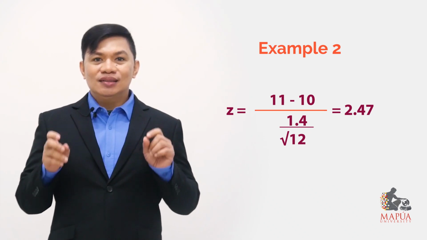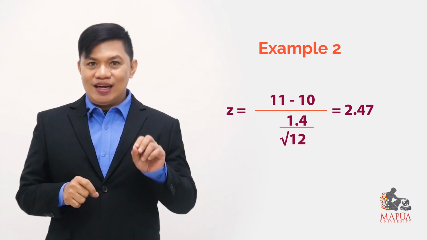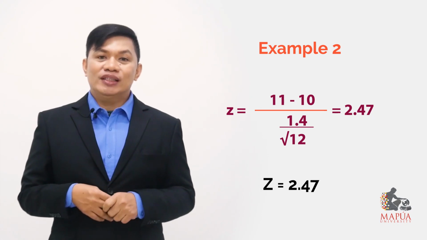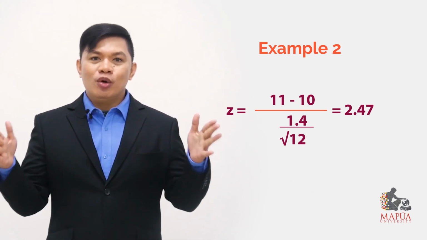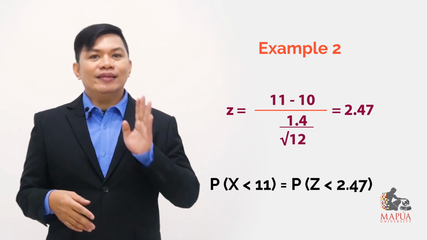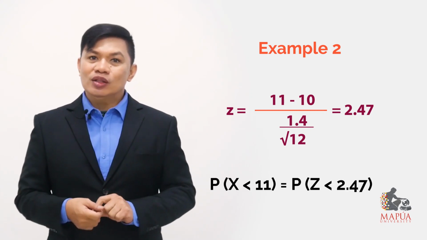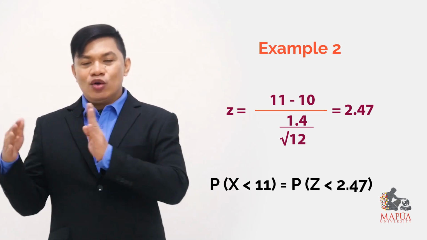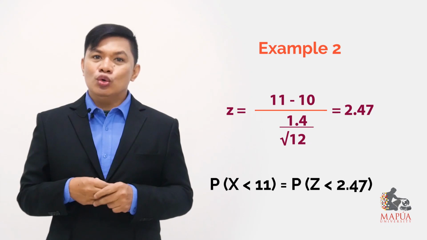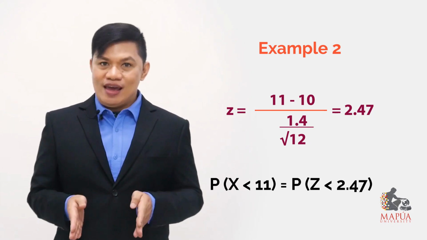So the standard score for 11 at this point is that z is equal to 2.47. So if you look at the probability problem, we are looking at the probability that x bar is less than or equal to 11, and that is equivalent to the probability that z is less than or equal to 2.47.